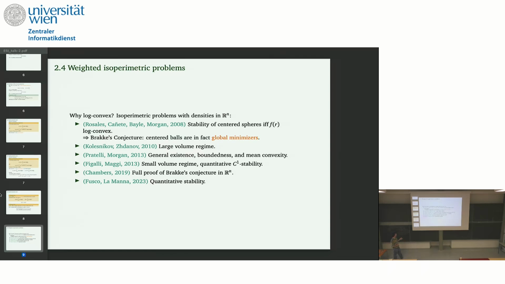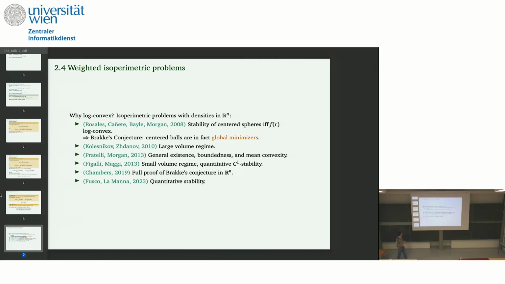And so Brakke conjectured, out of this observation, that not only are those stable, but they are global minimizers if the weight is log convex. Then a bunch of people proved intermediate results with very nice techniques: the large volume regime, small volume regime, existence, boundedness, also in more general settings. But the full proof was given by Chambers in 2019, proving the Brakke conjecture.